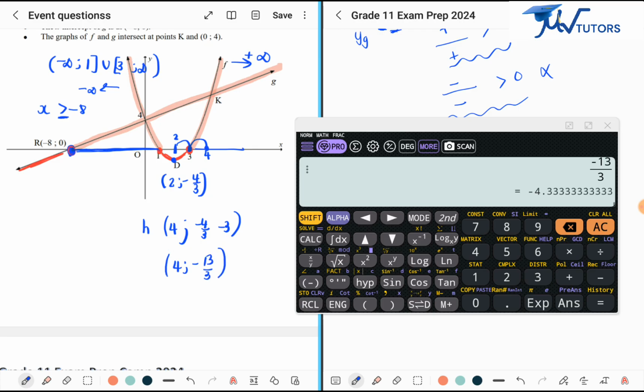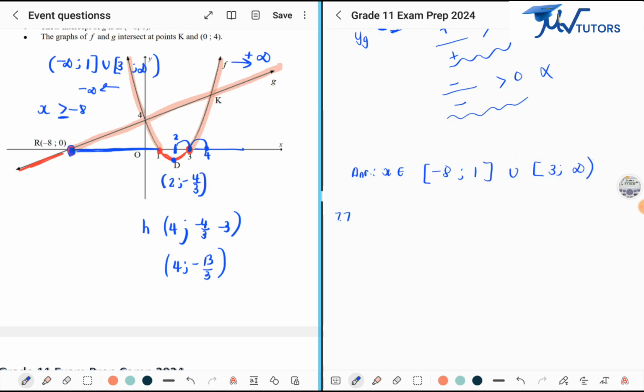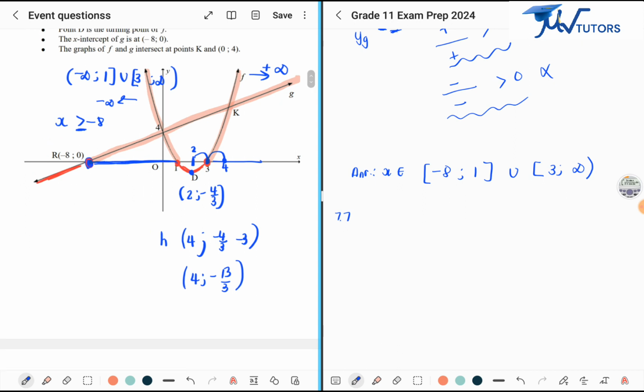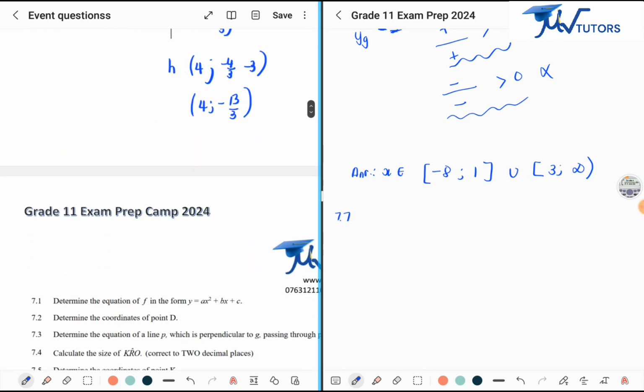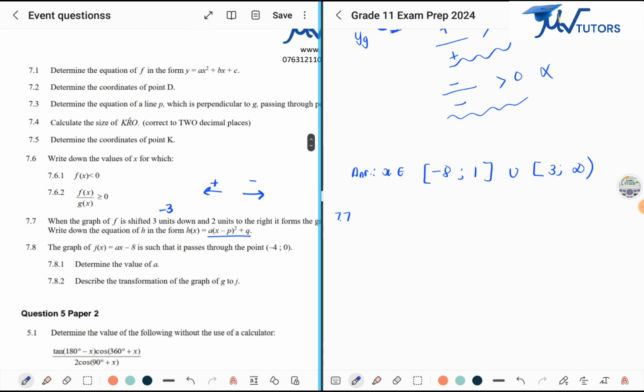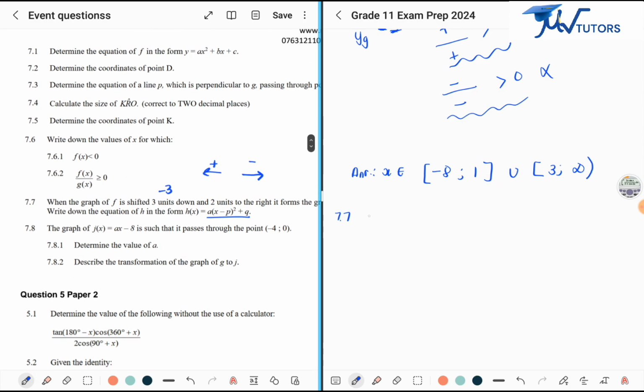Let's see how we can write that equation in the form that they wanted. Let's first write what f is. They want it in this form.